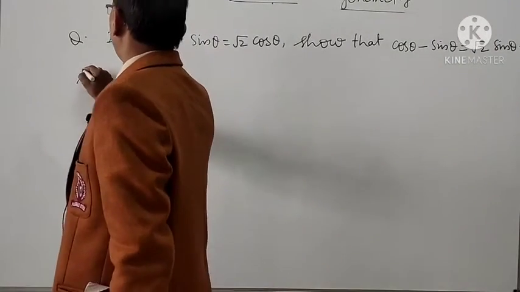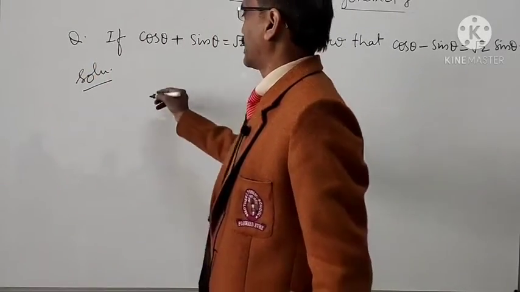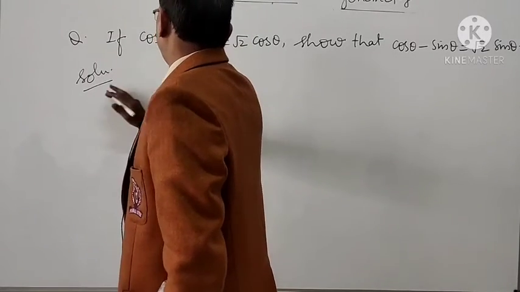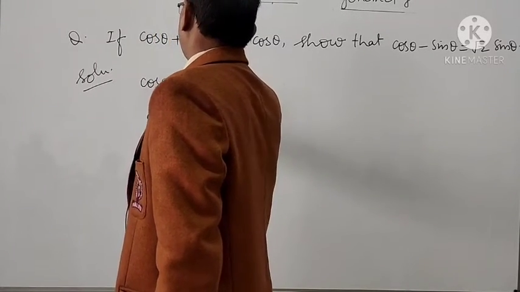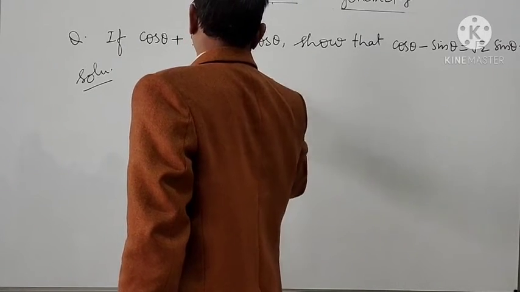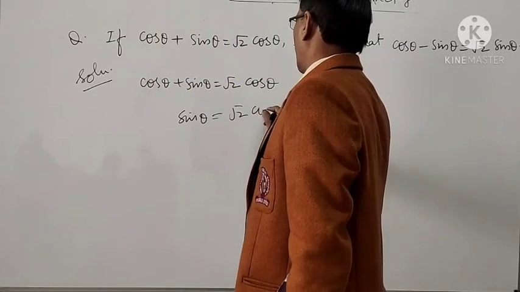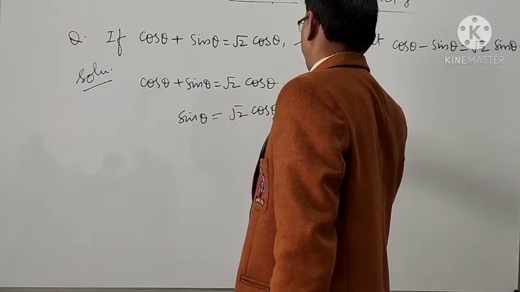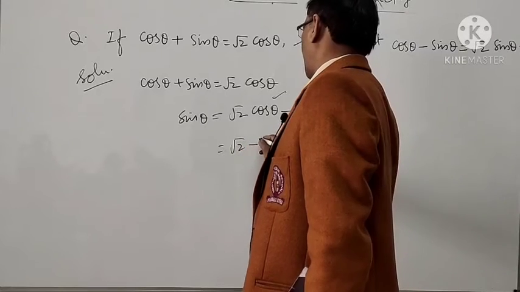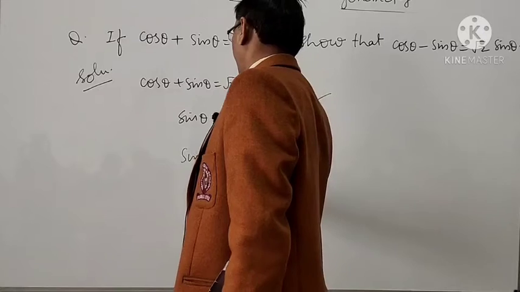Student, to solve this question, we will write all the cos theta on one side. We can write cos theta plus sin theta equals root 2 cos theta. Then sin theta equals root 2 cos theta minus cos theta. Cos theta is common, so it is root 2 minus 1 into cos theta. There is sin theta.